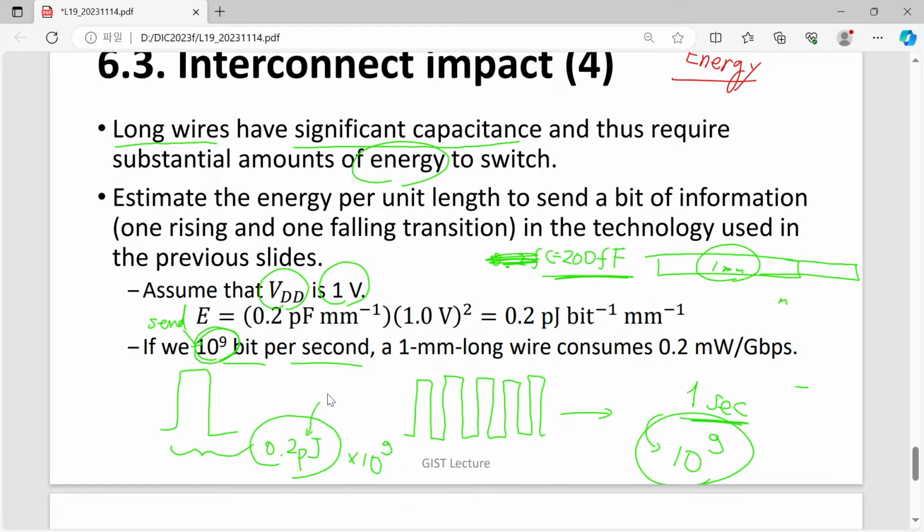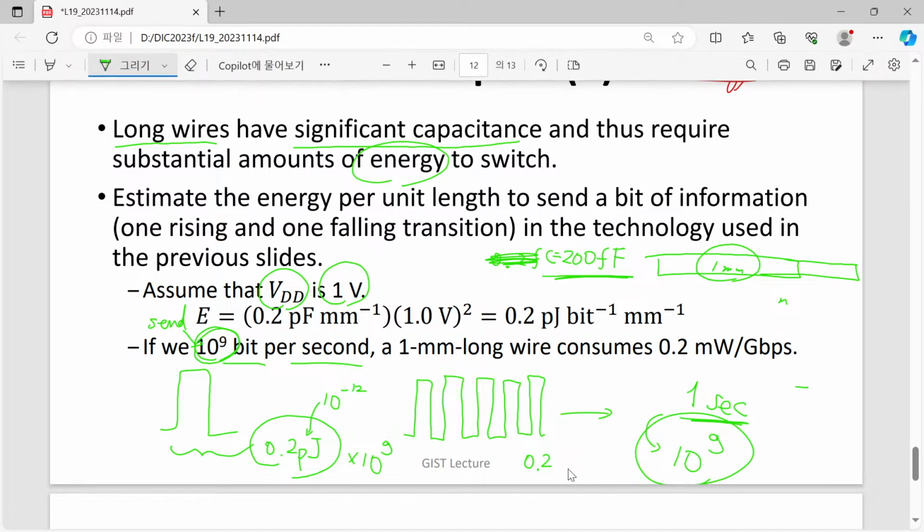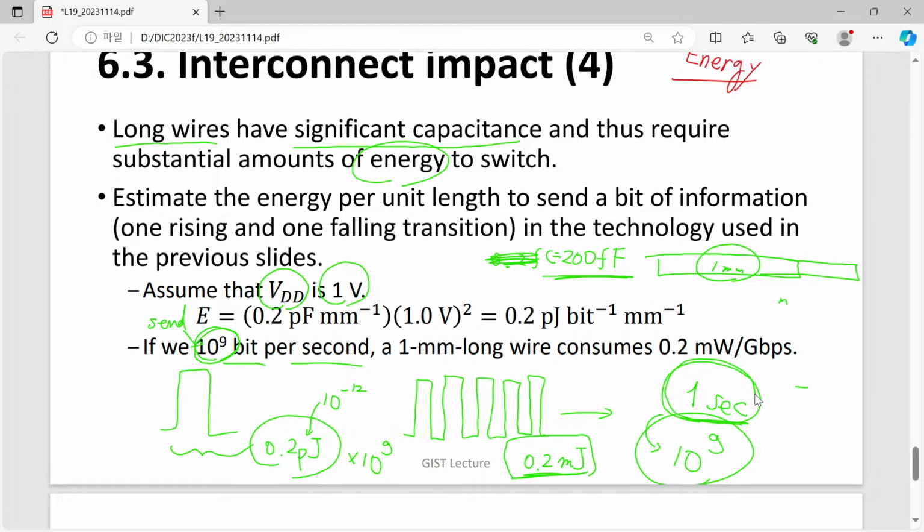Please note that pico corresponds to 10 to the minus 12. So you can easily understand this is given by 0.2 millijoule, spent in this 1 second period.